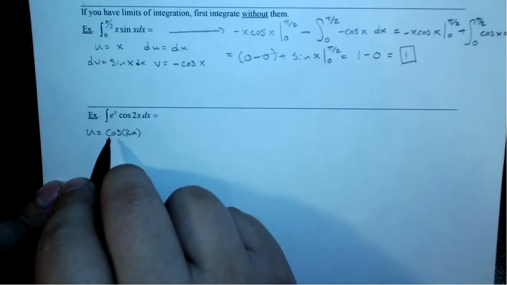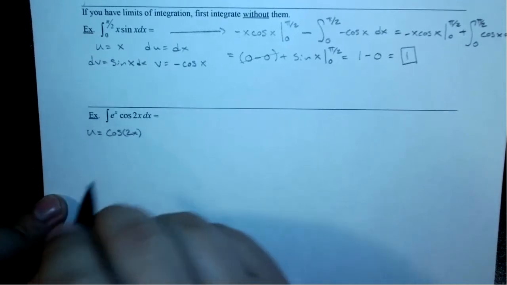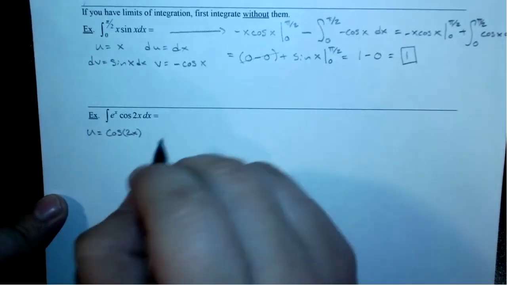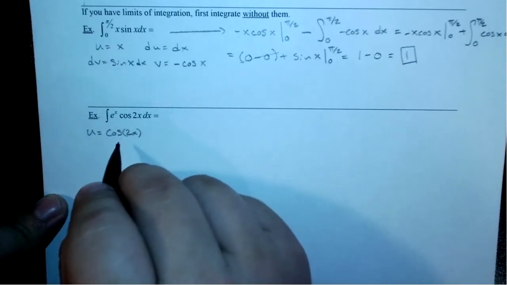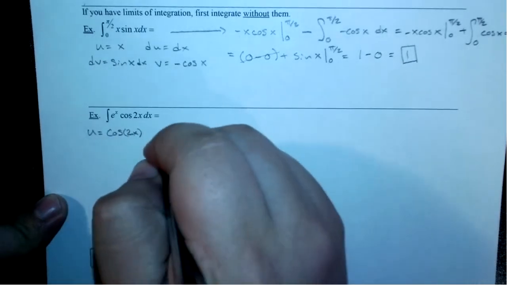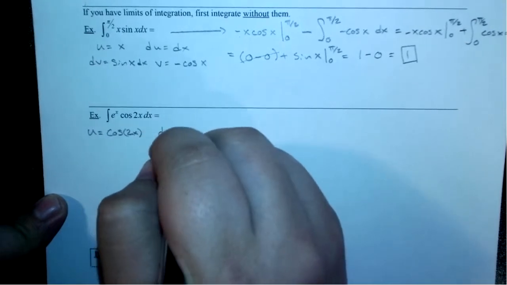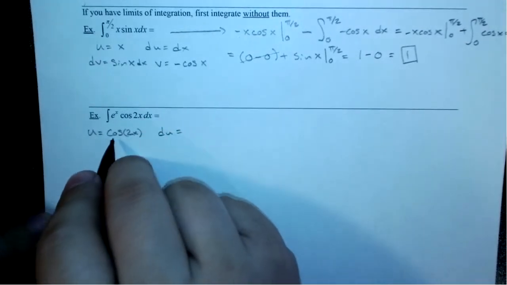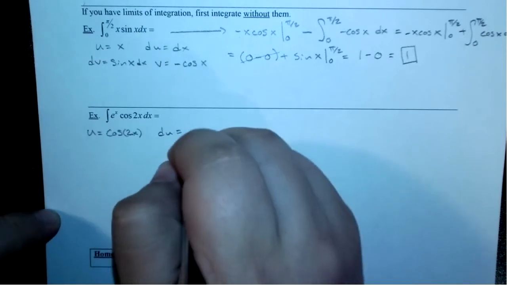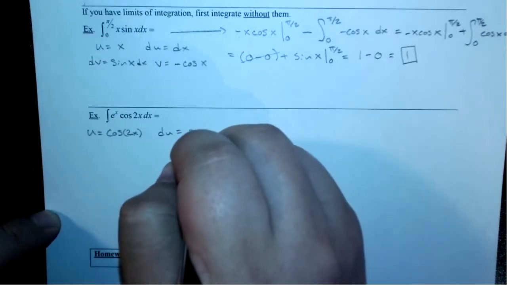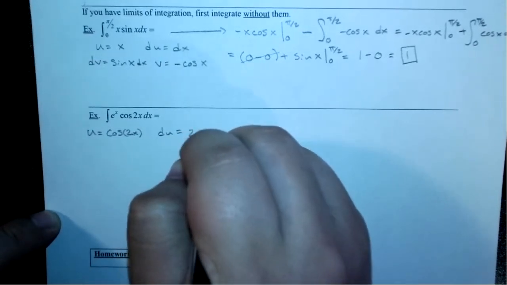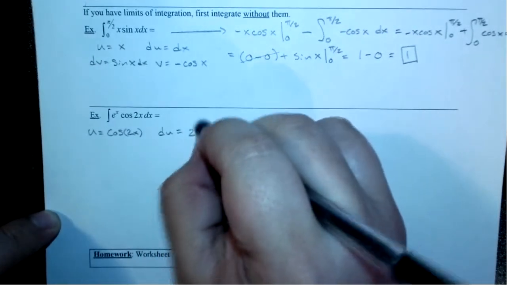Now, if you integrate cosine of 2x, you have to get like 1/2 of sine of 2x, and fractions aren't ever very nice to begin with. So let's just say we'll derive this one instead. So the derivative of that would be negative 2, oops.